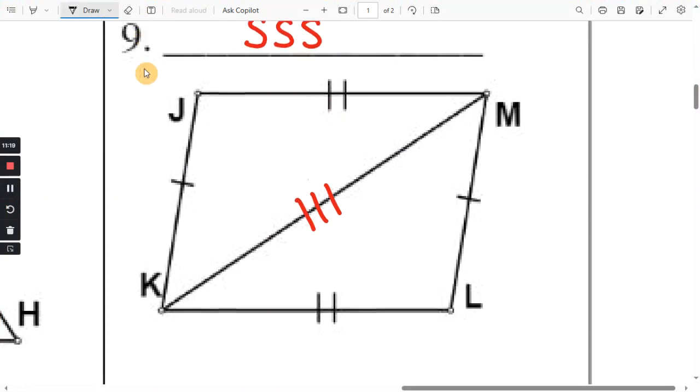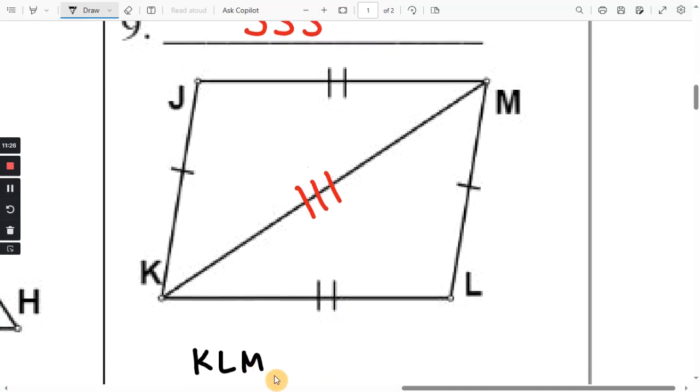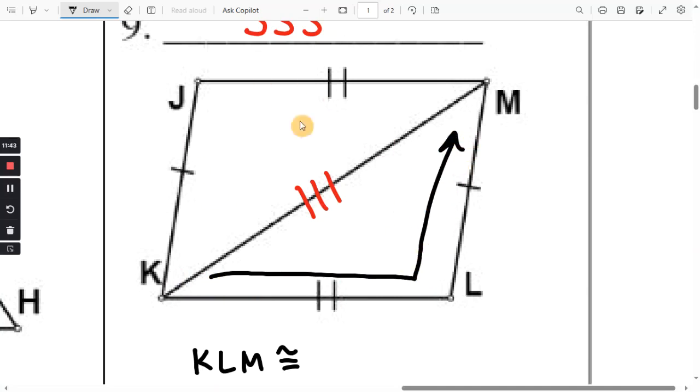We said KLM, so trace that first. We went past the side with 2 marks, and then we went past the side with 1 mark. Do the same thing here. I'm going to go past the side with 2 marks, and then past the side with 1 mark.